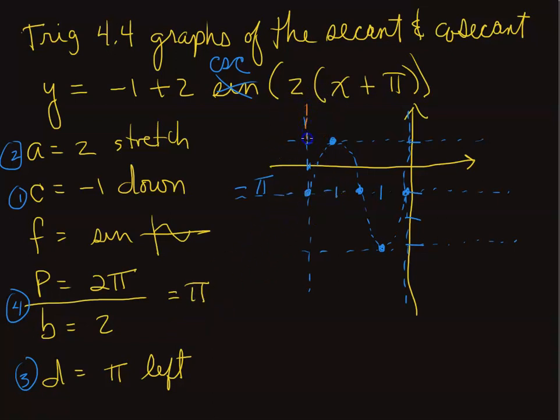So there's going to be a dashed line here because it'll be an asymptote. There'll be one here, and there'll be one here. And from every peak and every valley, you approach the asymptotes.